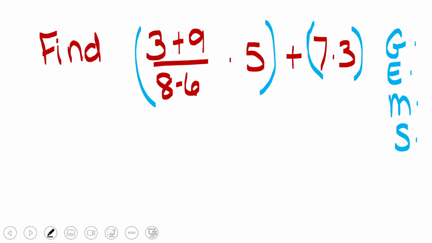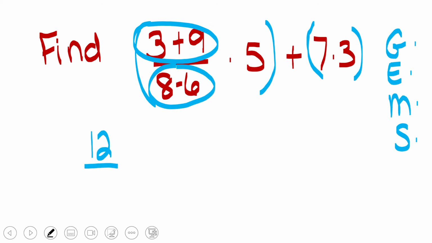So just breaking this down, we know 3 plus 9 in the numerator. We're going to rename that as 12. We know 8 minus 6 in the denominator. We're going to break that down as 2. And we only worked with that part of the expression.